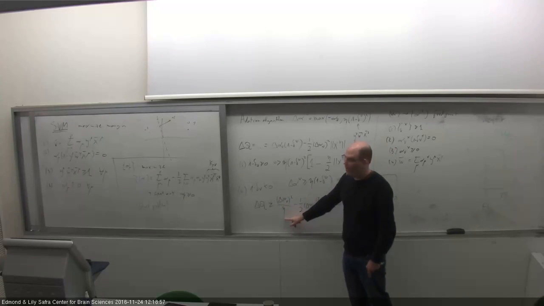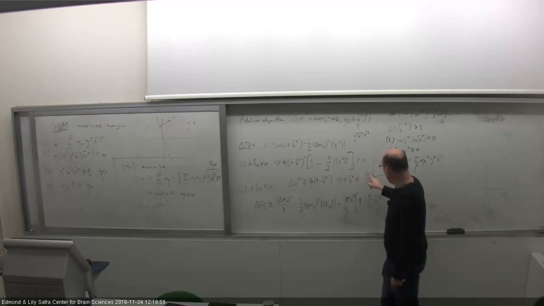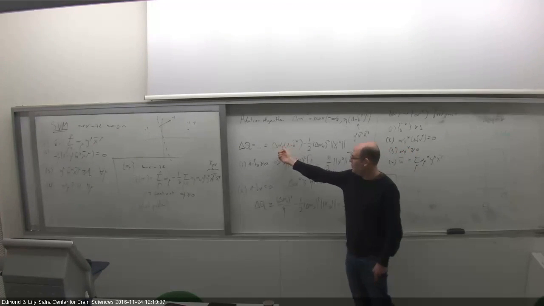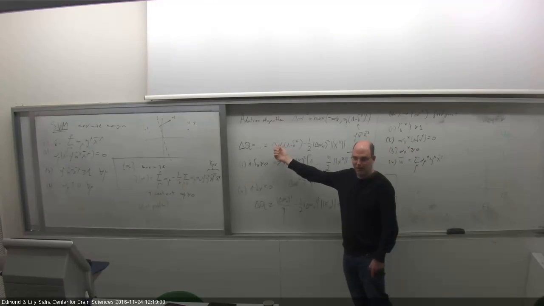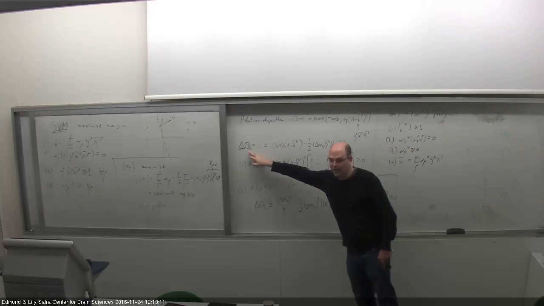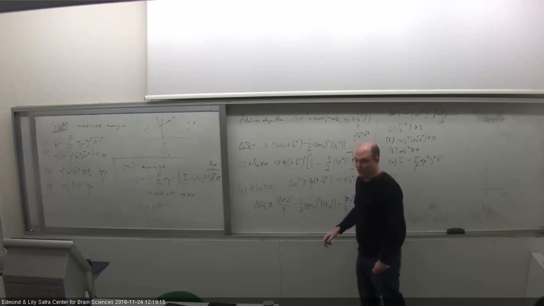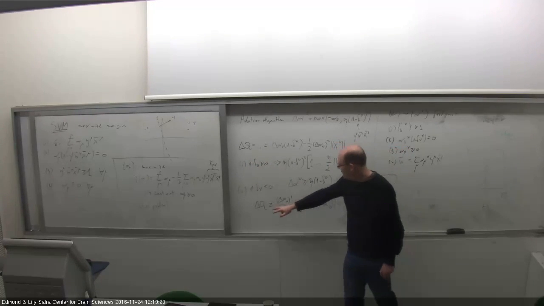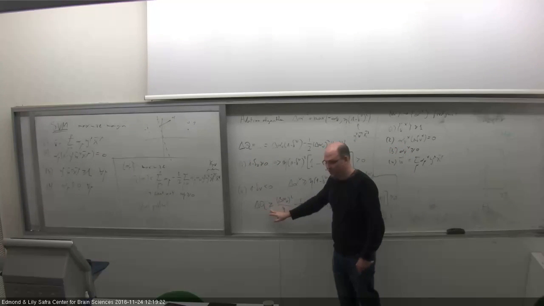If I would try to replace delta alpha nu by 1 minus delta nu, which is what I tried to do last time, this is larger than this, but I'm multiplying it by something negative, so I flip the sign of the inequality, and I don't want that. I want to prove that delta q is at least as large as something.